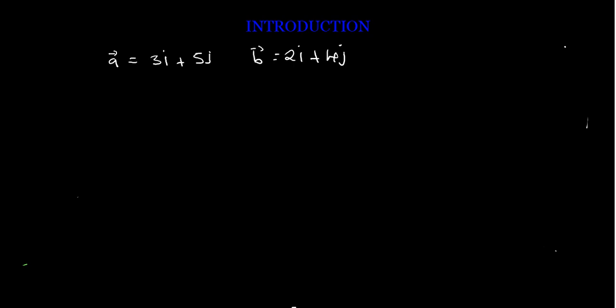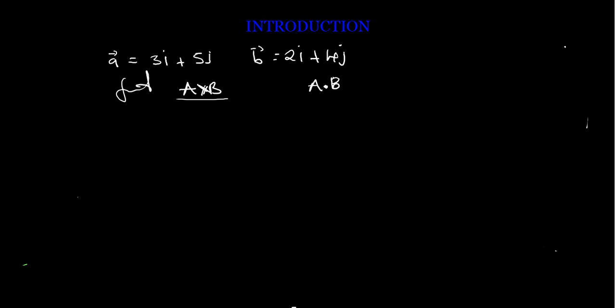Now I tell you to find a times b. This is the cross product. If I say a dot b, that's the dot product, and this one is the cross. So now we're dealing with this one.